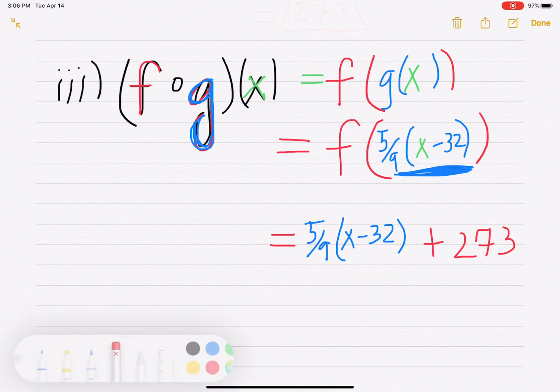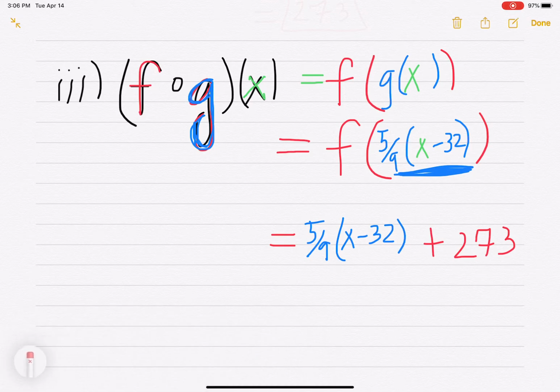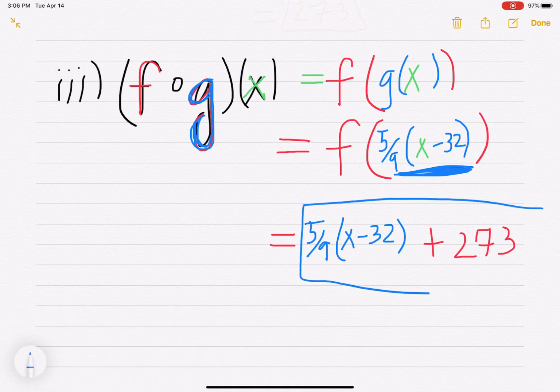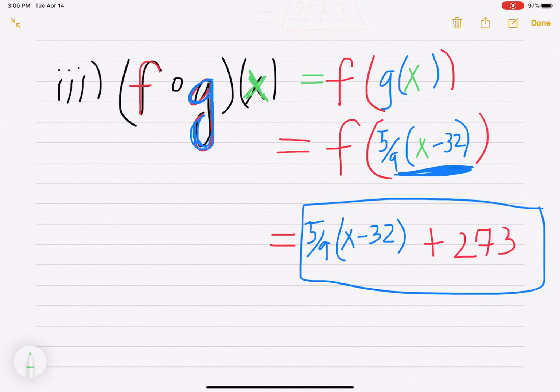This is F composed with G at X. So when you don't actually have a number that's being input, when you have an X instead, notice we have an X rather than a number, you expect your expression to not just be a number, but to actually have an X. Okay, so that's a little composition of function right there.